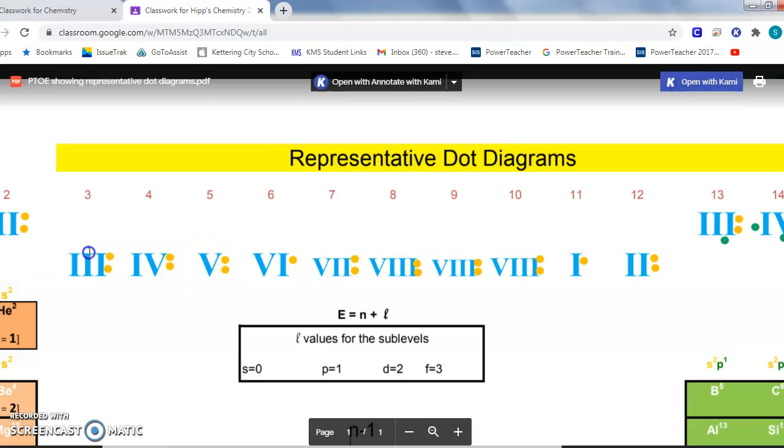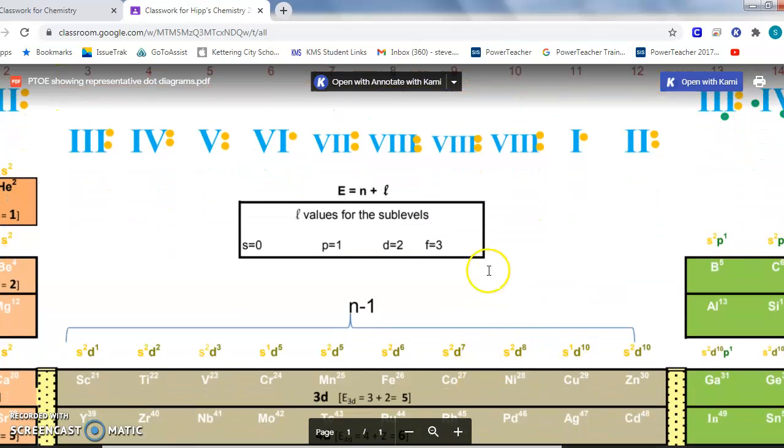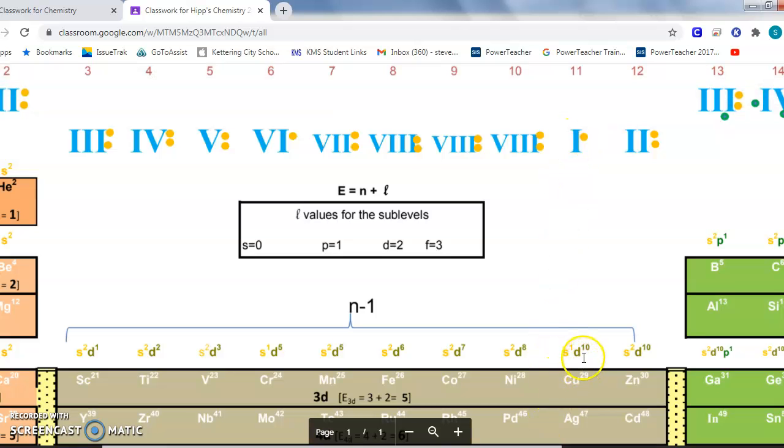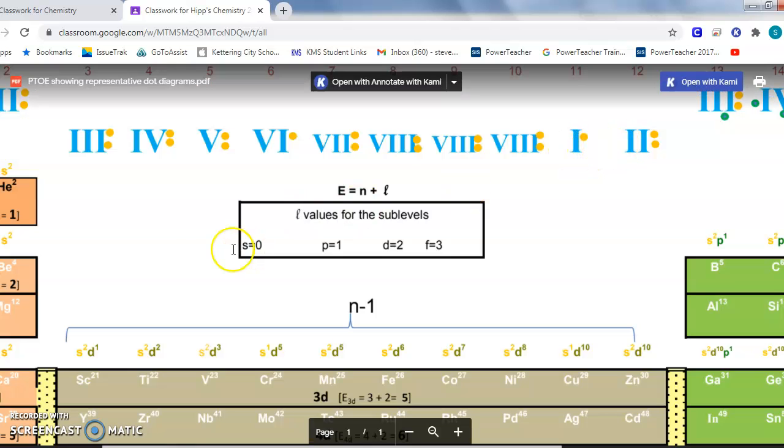For most of those, the Roman numerals are telling you how many are in the S and D. It isn't until the D is full, right here with copper, that they go back to telling you how many valence electrons they have. Scandium has 2 in the S, 1 in the D. Roman 3 is telling you 2 and 1. But we only dot the ones in the S. That's why it had 2 dots, and so on.